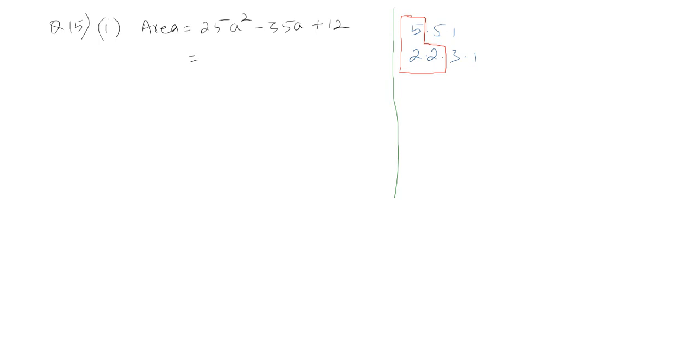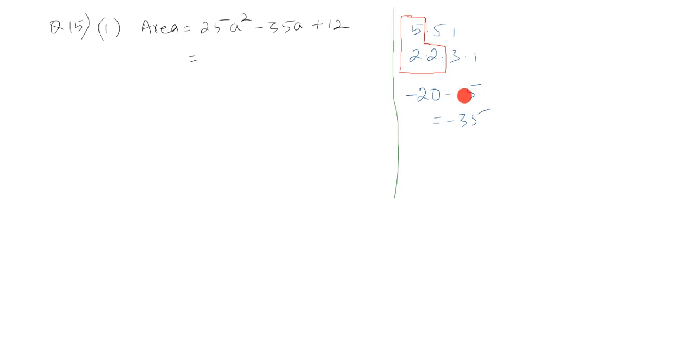You multiply these numbers, how much will you get? 20. 5 into 2 into 2 is 20, and the remaining ones, if you multiply all those, it will be 15. So if I take a negative sign in front of that, the answer is minus 35. So the middle term minus 35, I can split as minus 20 and minus 15.